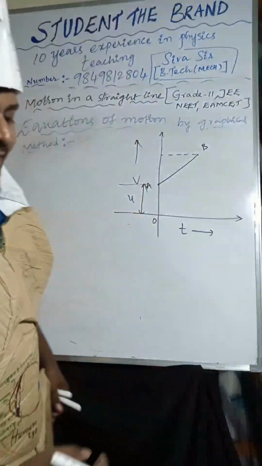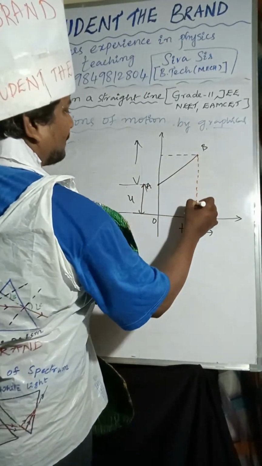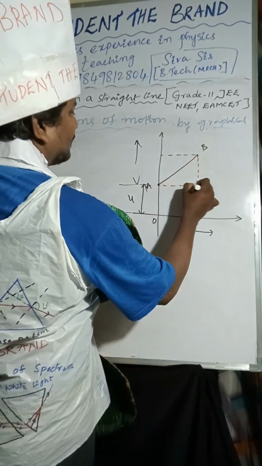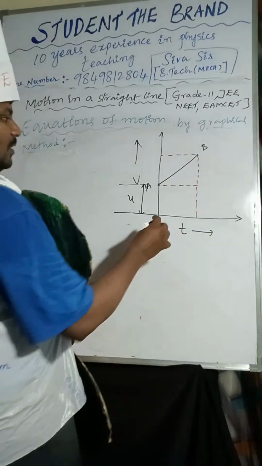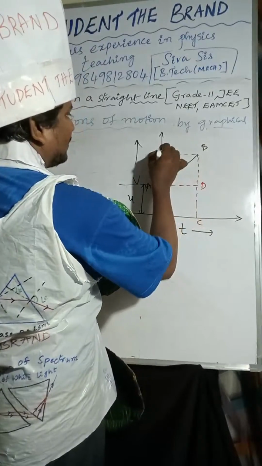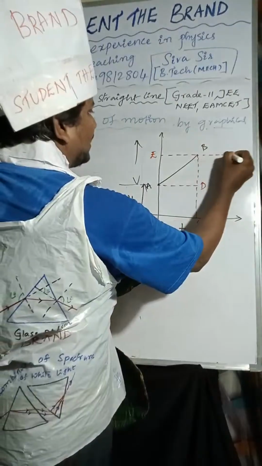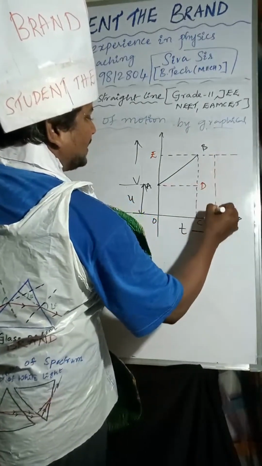So here C, D and E. This is the initial velocity and here I am taking this is the final velocity.